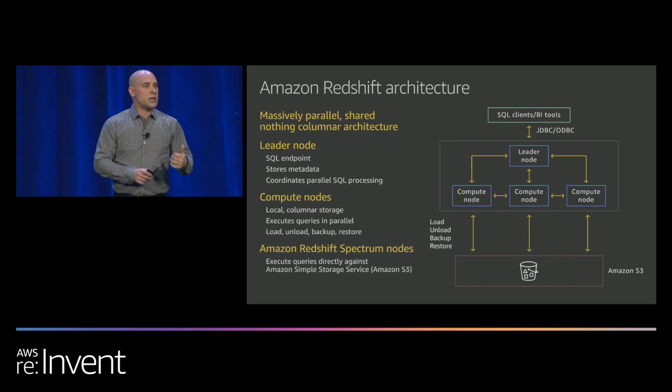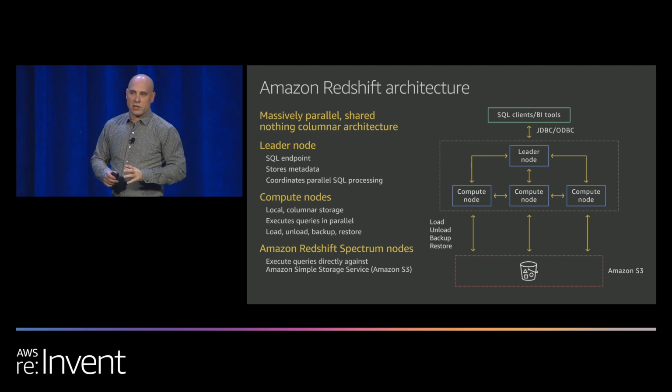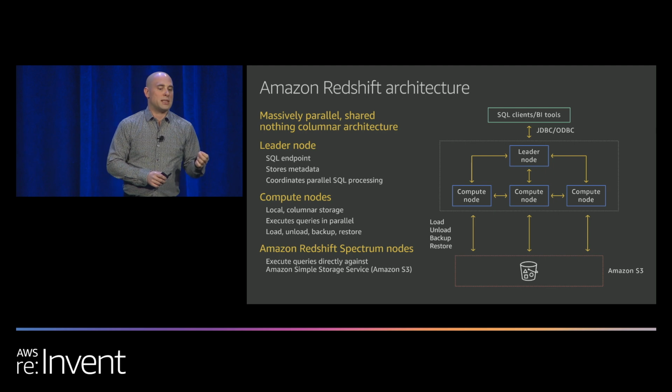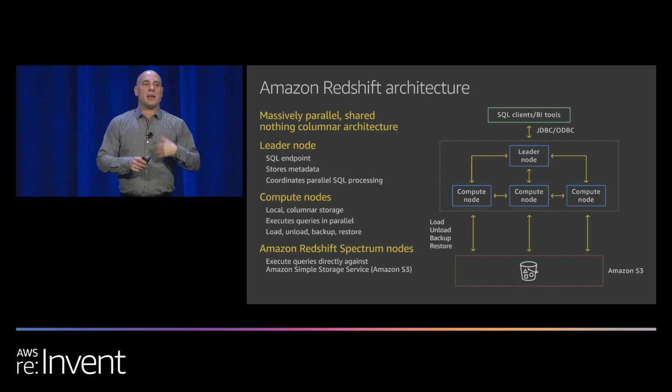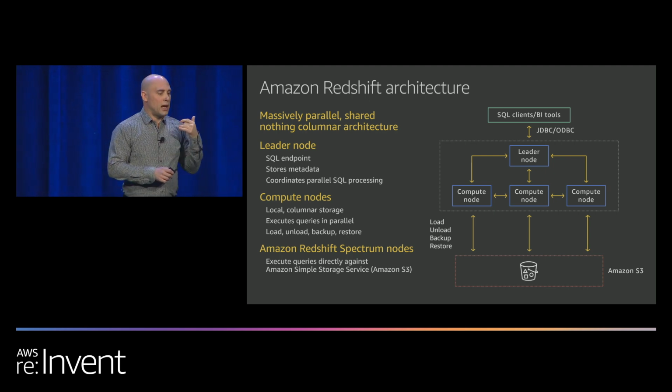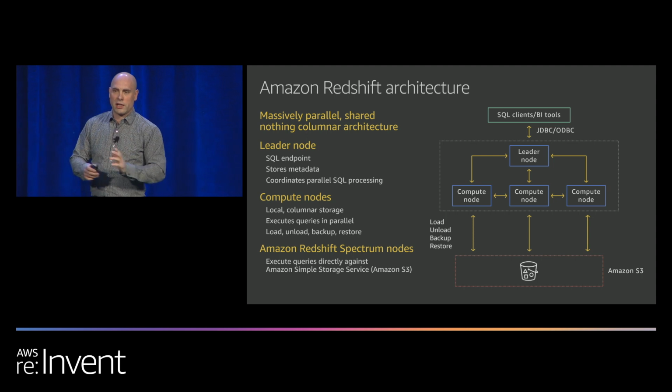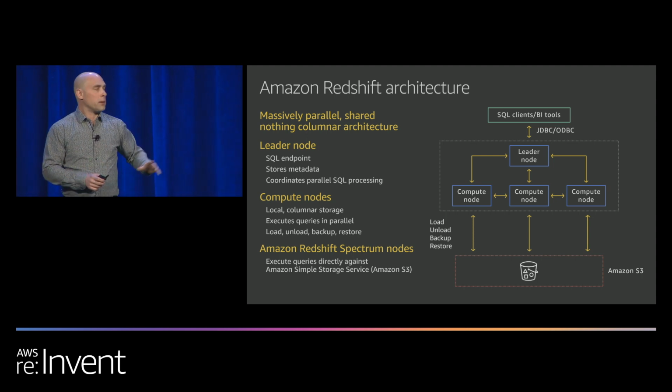So Redshift still works with the latest open source Postgres drivers. What you connect to is that one blue box up at the top there that says leader node. You connect to that. It's a query coordinator. It holds a lot of metadata. It does final steps in the query processing, such as final aggregations, order bys, that sort of thing.